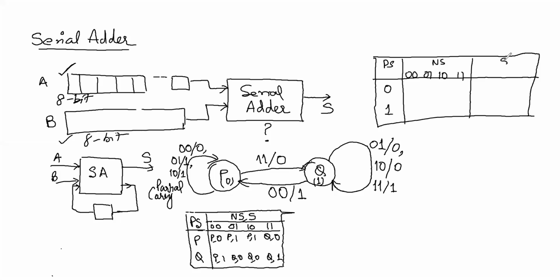Similarly, this is my output sum for the 4 combinations. So I can translate directly from here. On these 3, state is P. So this is 0, 0, 0. This is 1. And unfortunately, I have not left any space.